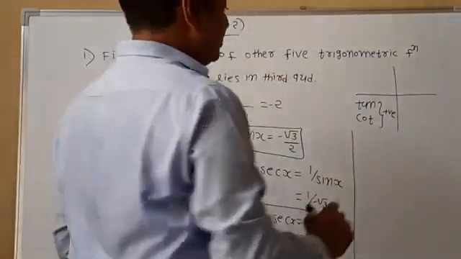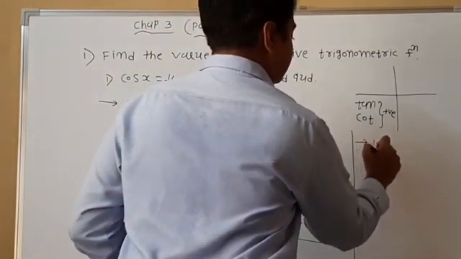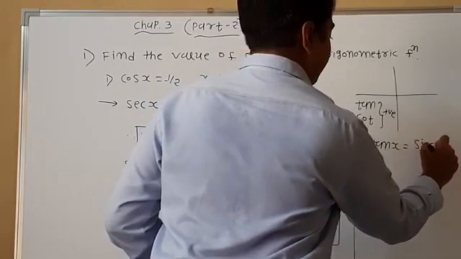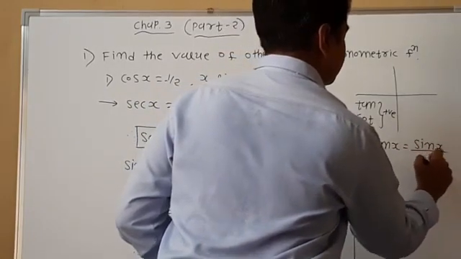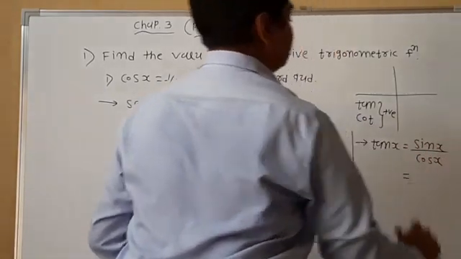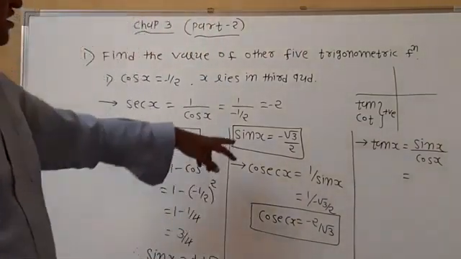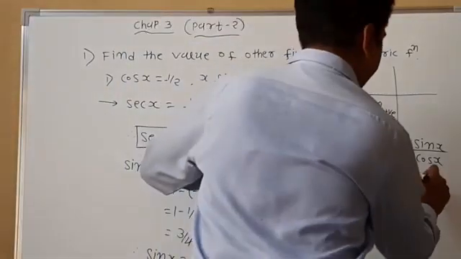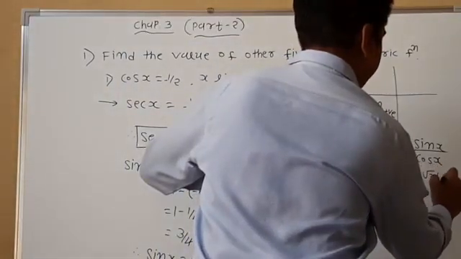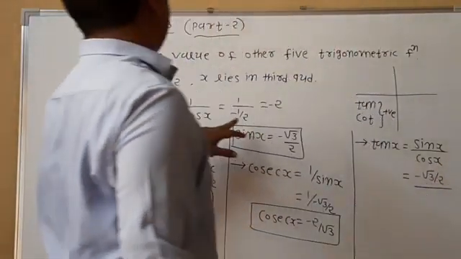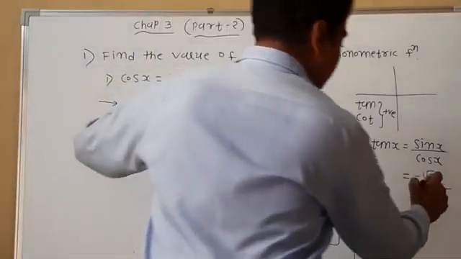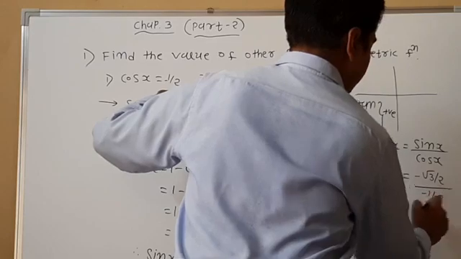So we know that tan x is equal to sin x upon cos x. In place of this, substitute the values, that means minus root 3 by 2 upon minus 1 by 2.